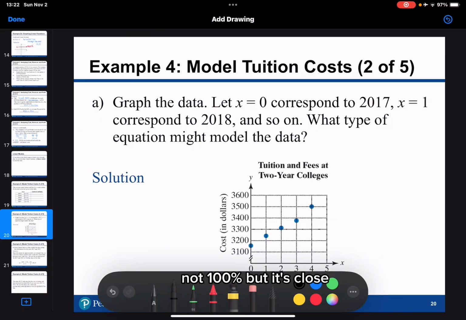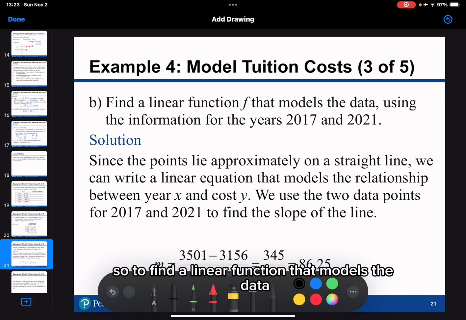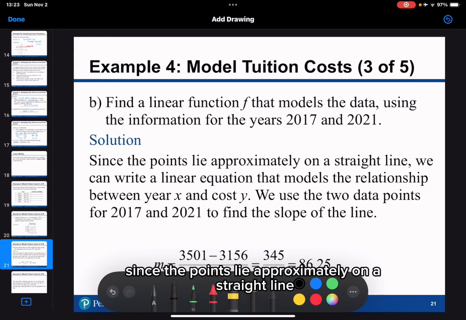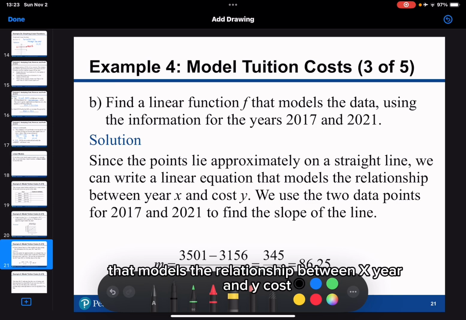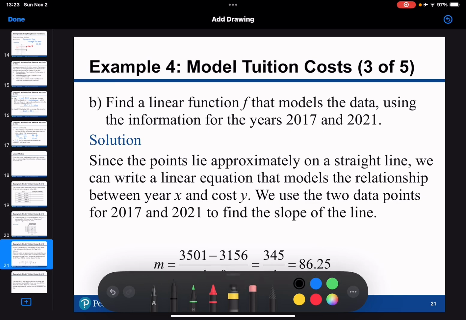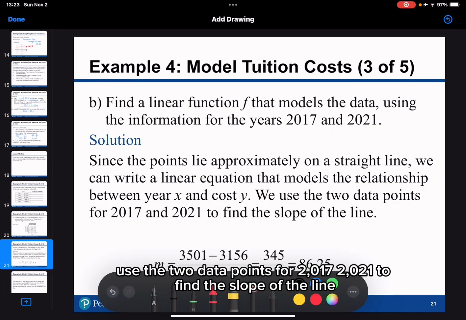Not 100%, but it's close. So to find a linear function that models the data using the information for years 2017 and 2021, since the points lie approximately on a straight line, we can write a linear equation that models a relationship between x year and y cost. Use the two data points for 2017 and 2021 to find the slope of the line.